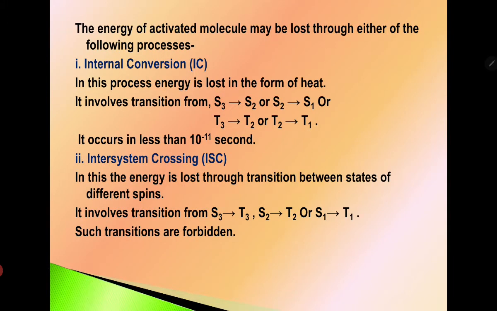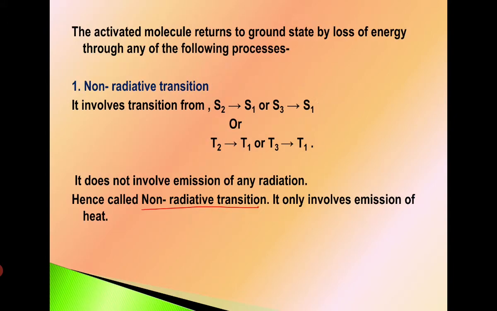Next, the energy of the activated molecule may be lost through either of the following processes. See, the electron from the excited singlet states is getting de-excited from the excited S3 state to the excited S1, or from the excited S2 state to the excited S1 state.